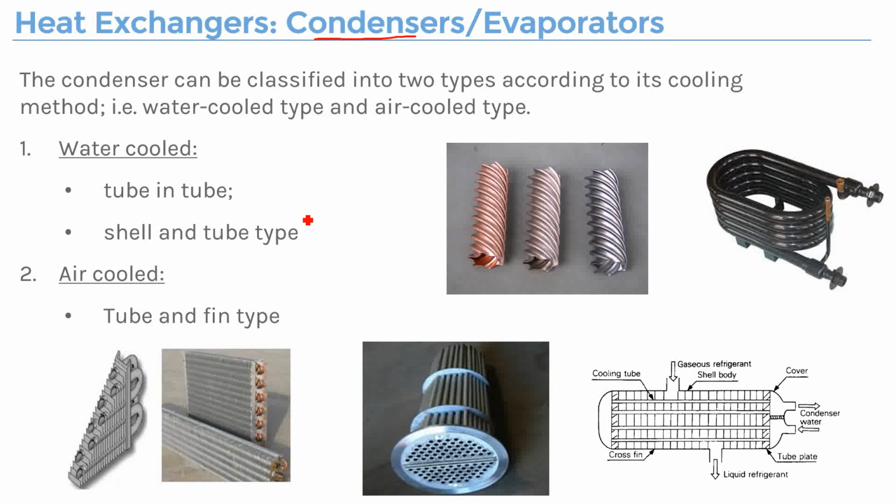Now, a simple question. For the water-cooled heat exchanger and the air-cooled one, the water-cooled is more commonly tube-in-tube and shell-and-tube, and for the air-cooled one, we prefer the tube and fin type. I guess it's better to give you some time to think about why we have this difference.